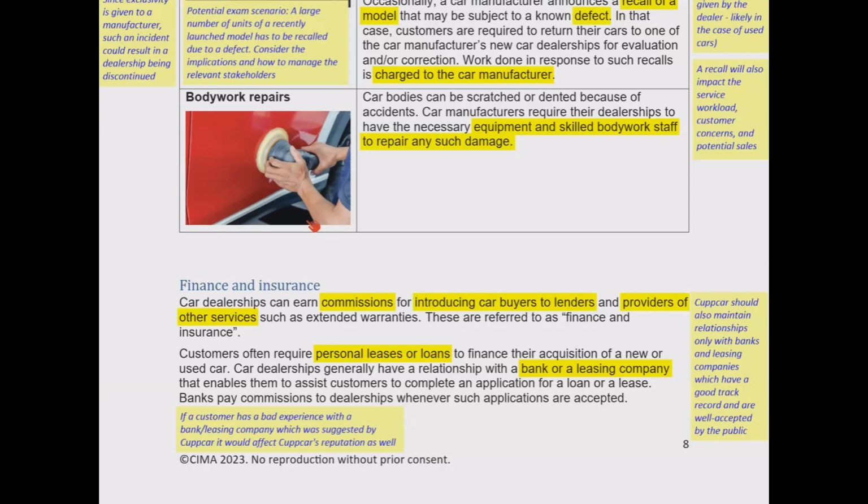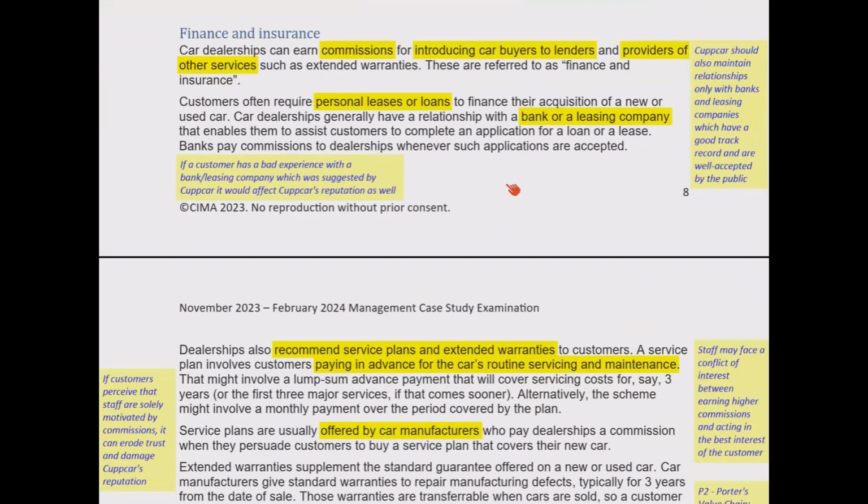Okay, another area of income to consider: finance and insurance. This is where the dealer is earning a commission. Commission for introducing a buyer of a car to a bank or a lender or a leasing company to help them fund the purchase of the car.